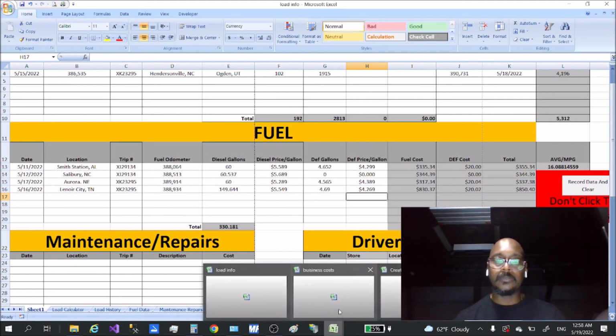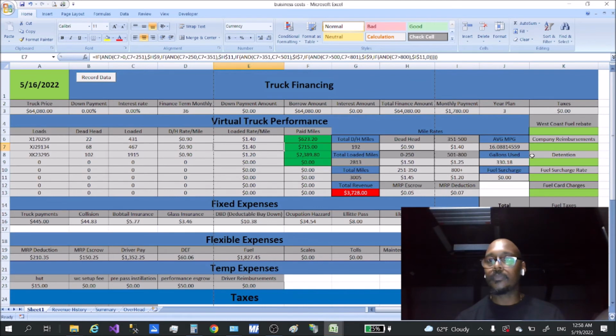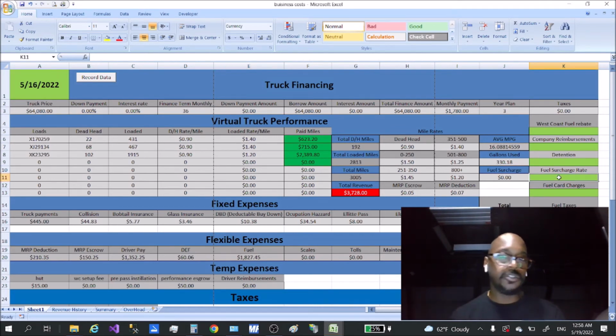All right. And we have to include the fuel surcharge as well. Now, what the fuel surcharge is, that's money the government helps pay for fuel, depending on the average fuel cost nationwide.